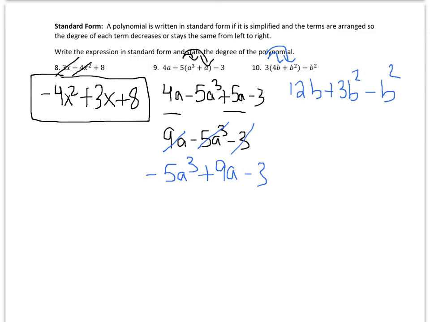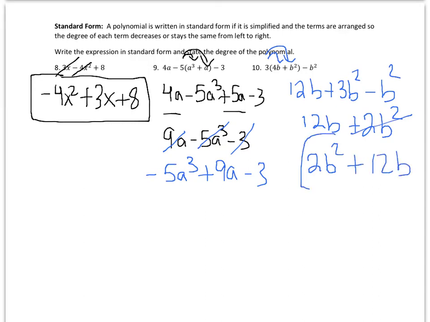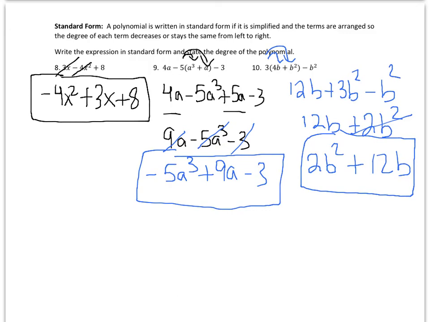Well, see, this one was nice. They lined them up right there. What's 3b squared minus 1b squared? Well, it's 2b squared. Standard form, well, 2 is higher than 1, so the 2 comes first. Positive 12b. So we have all of our answers to go into standard form here. Okay?